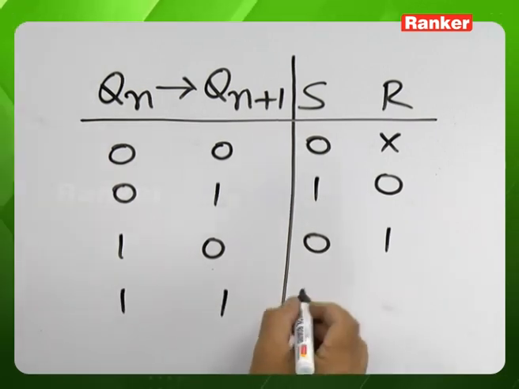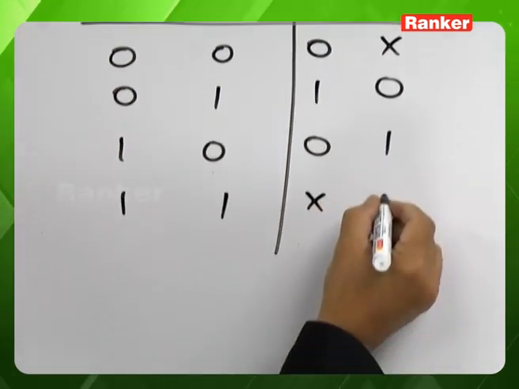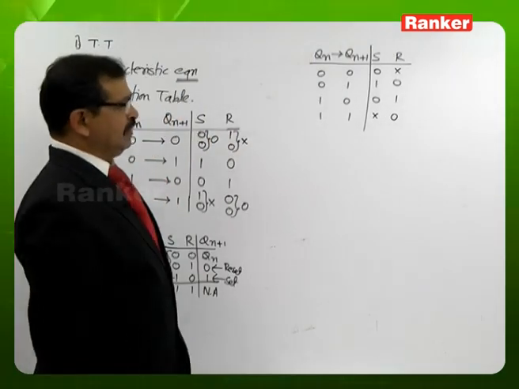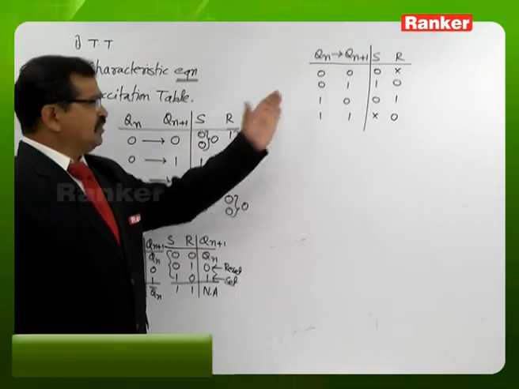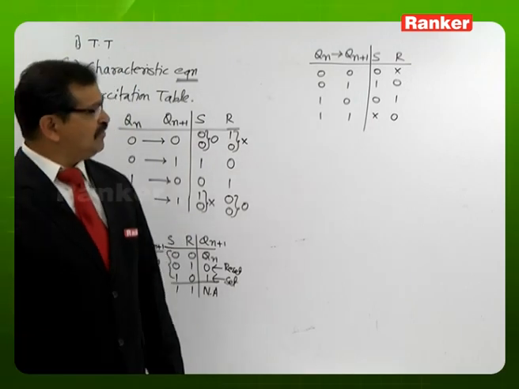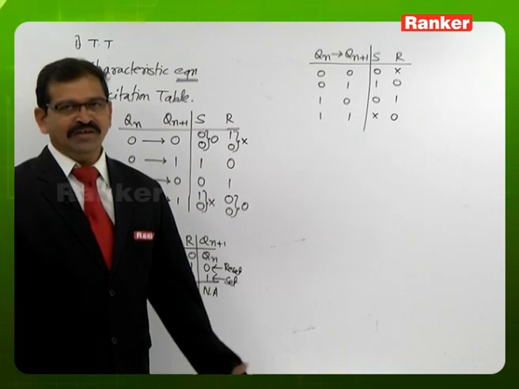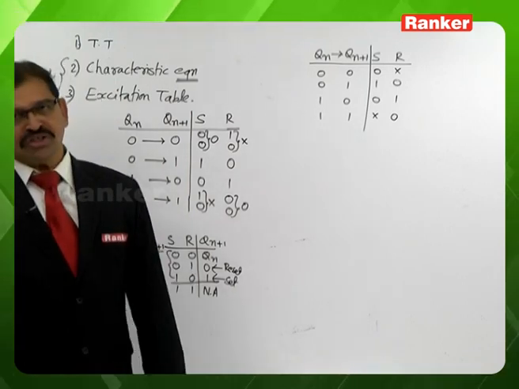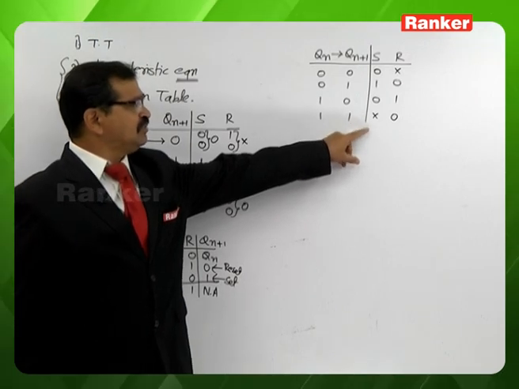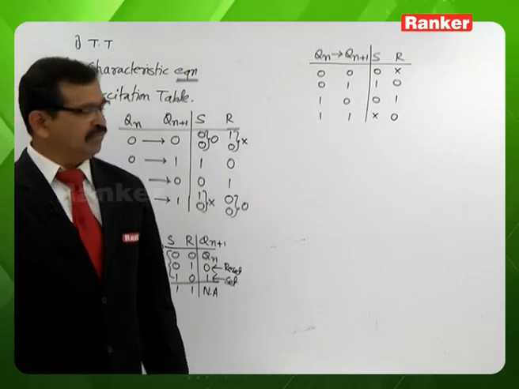For 1 to 1 transfer, don't care, 0. So it's a thing that we need to remember. This excitation table, or in general excitation tables, we need to use very frequently while dealing with synchronous sequential circuits. While designing synchronous sequential circuits, we need to use these excitation tables very frequently.